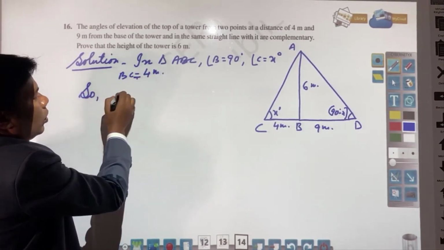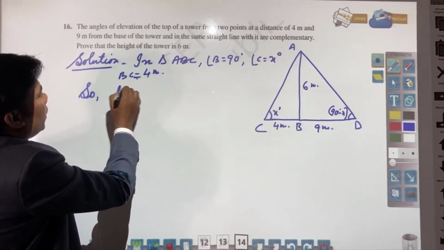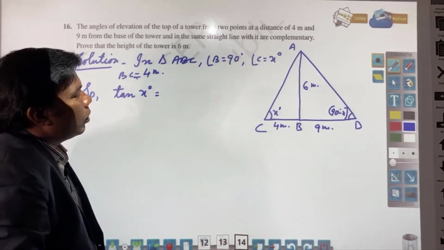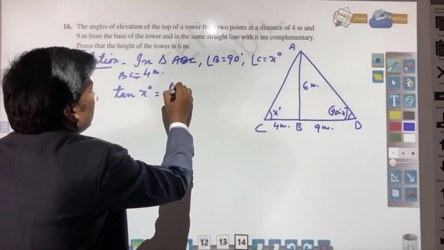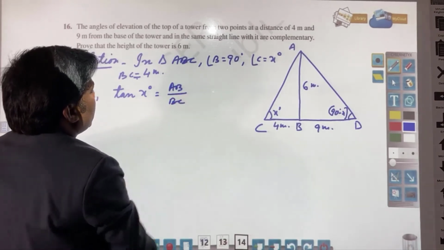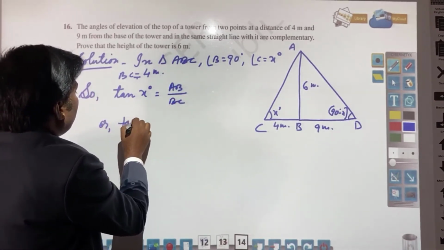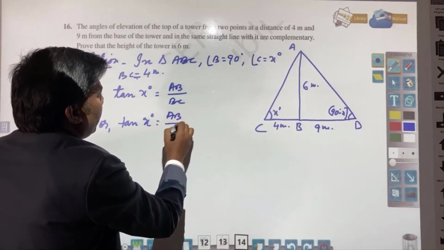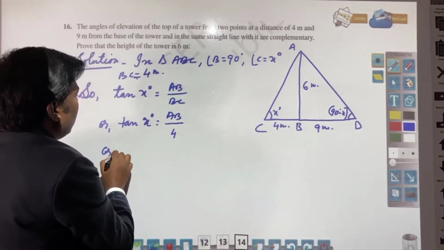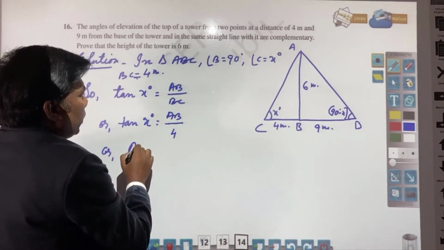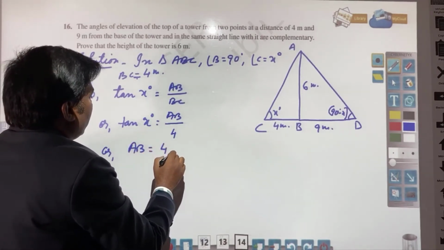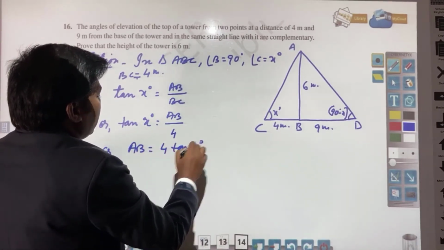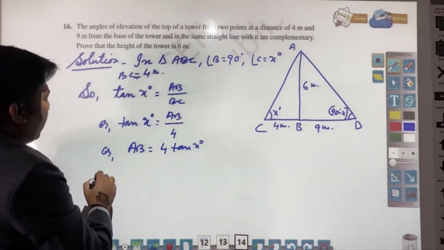So tan x degree will be equal to AB by BC, or tan x degree is AB by 4, or AB is equal to 4 tan x degree.